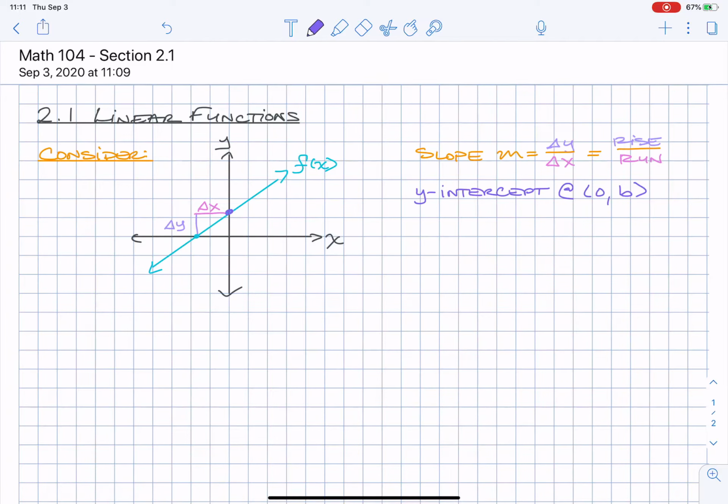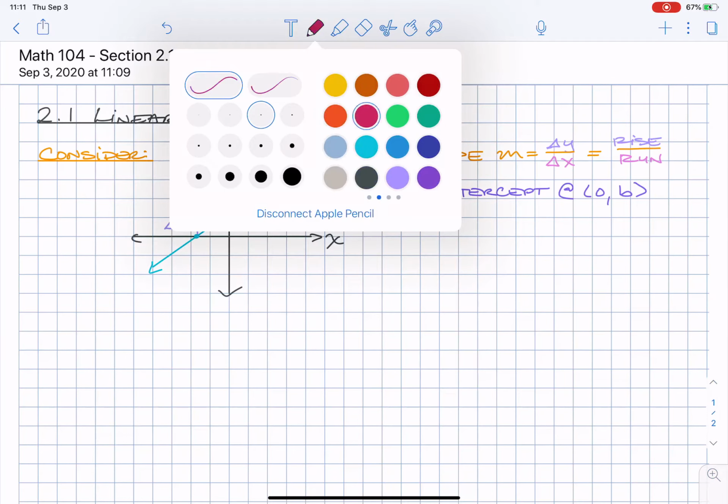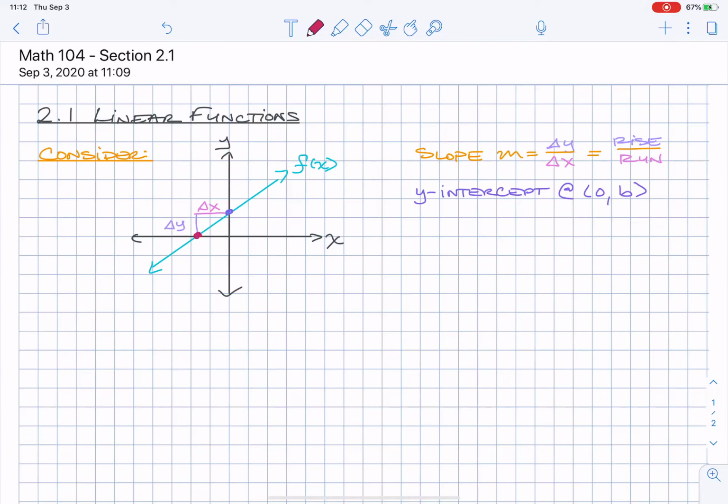But what about the x-intercept? Well, from b, I want the negative slope. So it's negative b over m, comma 0. And I'll show you that in a moment, and we'll prove that that's true.